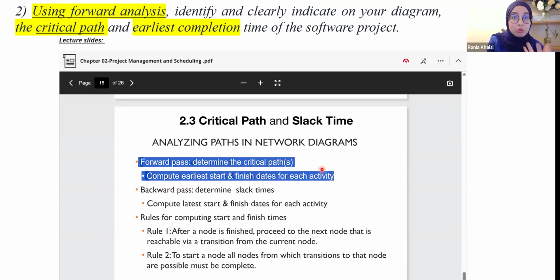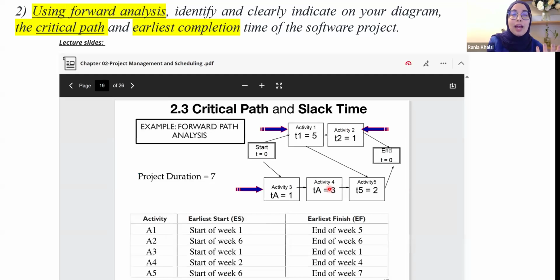And in this case, how to determine that is that we are going to compute the earliest start and the earliest finish date for each activity, okay? So if we have 10 activities, we are going to do this for 10 activities. We had 5 activities in the class exercise, the example that I was talking about, and we already did this for 5 activities, okay?